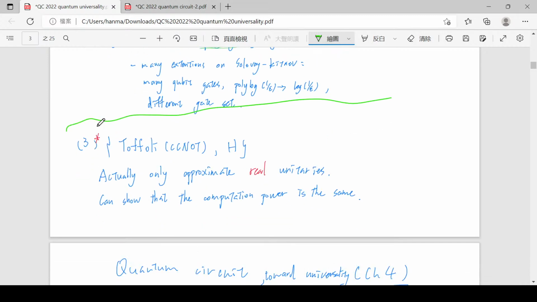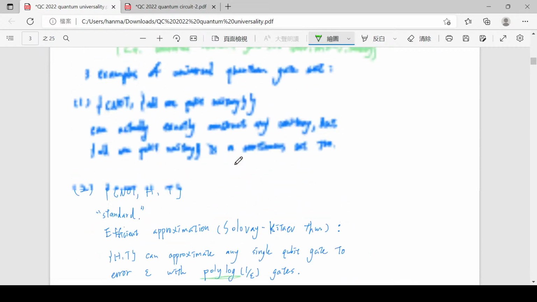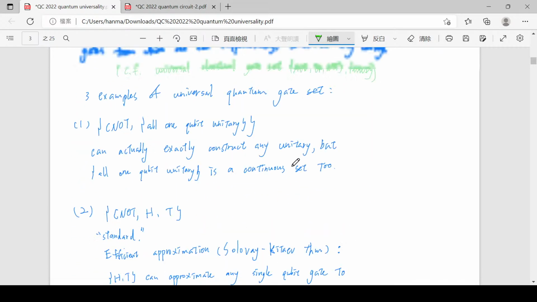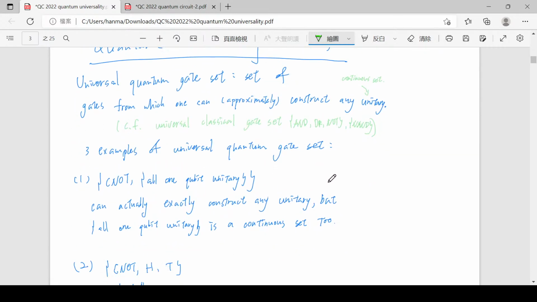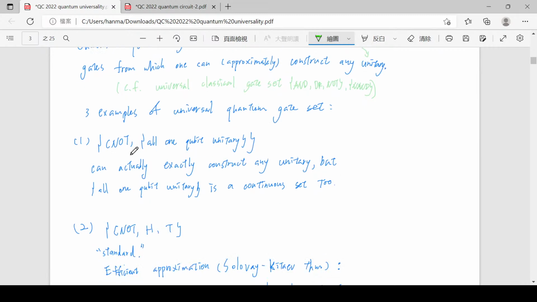Also, Toffoli and Hadamard is universal, although it only works for real unitaries. And one thing more to emphasize again on this short slide is that CNOT and all one-qubit unitaries is an exact universal set.